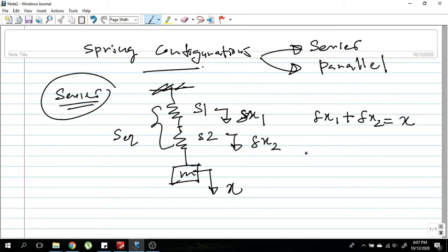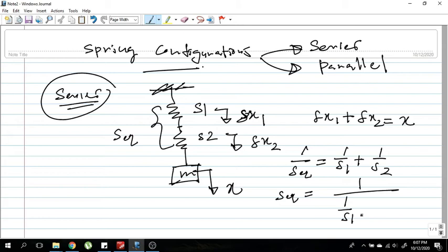It is 1 over SEQ equals 1 over S1 plus 1 over S2, and SEQ, the equivalent stiffness value, is 1 over (1 over S1 plus 1 over S2).